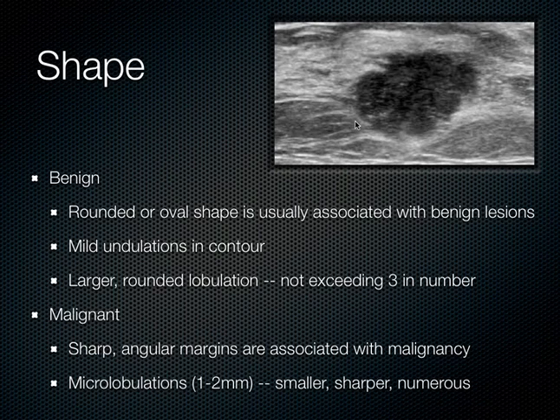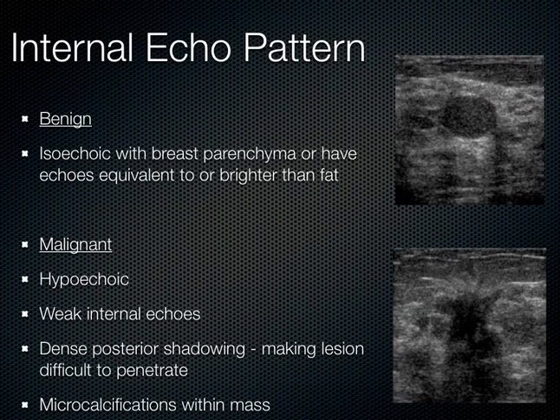However, with malignant masses, you get very sharp angulations and a lot of microlobulations, small, less than 2 millimeters. There's a whole bunch of these sharp microlobulations. So if you see that, that's more consistent with something malignant.